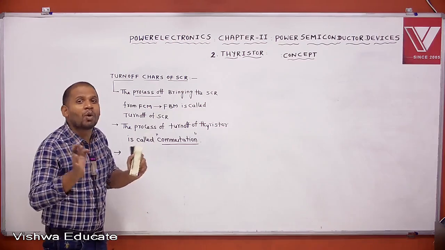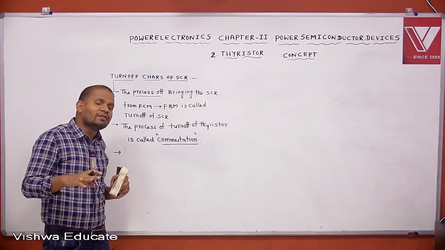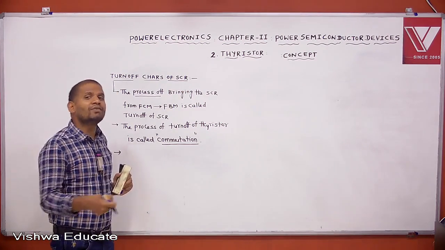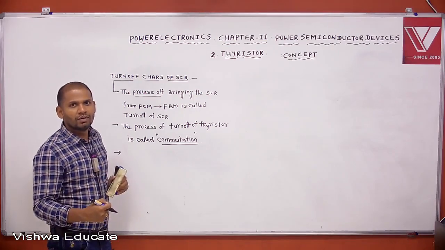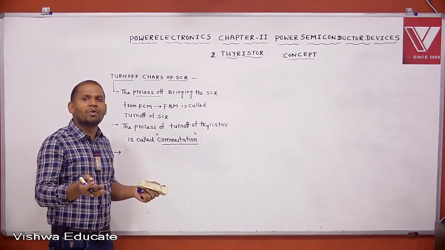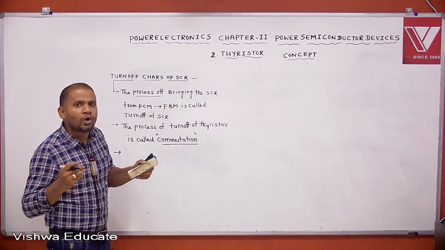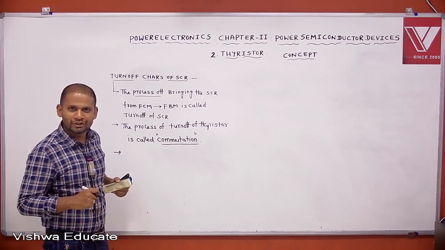It means we have not properly turned it off. After turn off of thyristor, it must be turned on again only after giving the triggering signal. That is a reliable operation. But after turn off, just by giving supply voltage, if the thyristor suddenly turns on, then there is no control in our hand, and that is an unreliable operation.